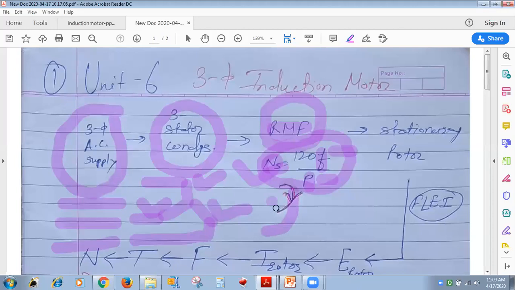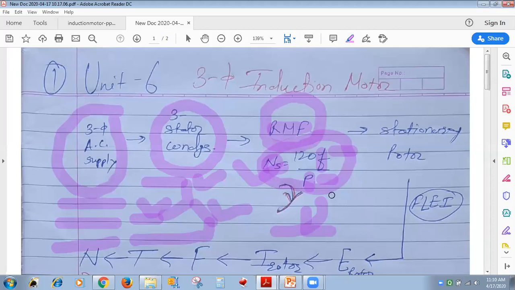If the windings are designed so that R phase leads Y and Y phase leads B, then from R to Y and Y to B will be the direction of rotation. Now consider the windings are designed so that the magnetic field produced rotates in the clockwise direction. Its direction always depends on leading to lagging.